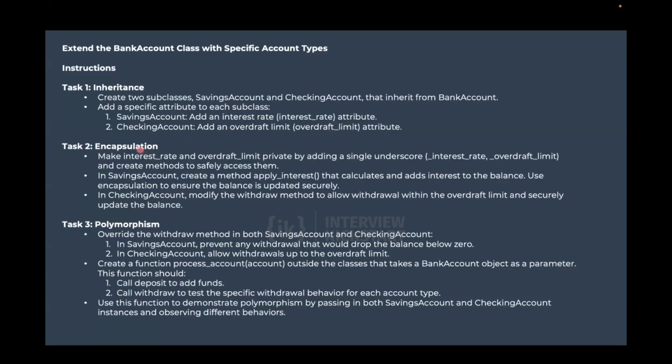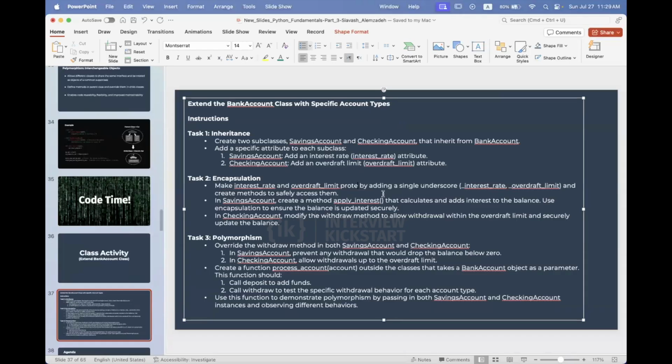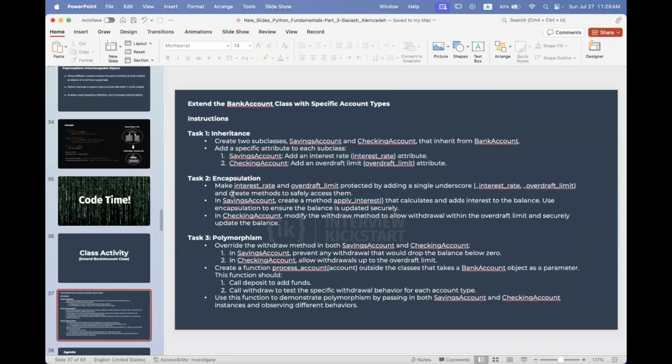And then for encapsulation, you can make interest rate and overdraft limit private by adding a single underscore. Sorry. So you can make them protected by adding this. This should be fixed. Actually, let me fix it now. So make it protected by adding a single underscore and create methods to safely access them.